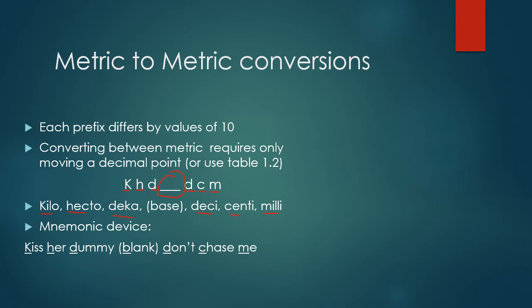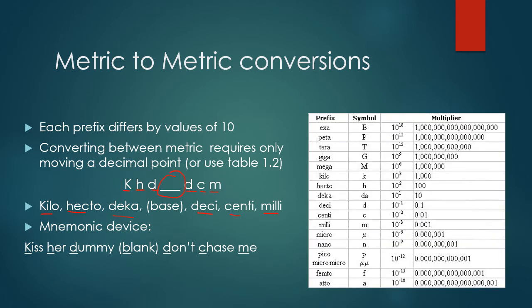If you are dealing with mass, what's going to go there is a G for grams, because that's the metric unit for mass. If you are dealing with time, we're going to put an S there for seconds. If you are dealing with volume, you're going to put an L there for liter. So it's an empty space because it applies to several different types of units of measurement.